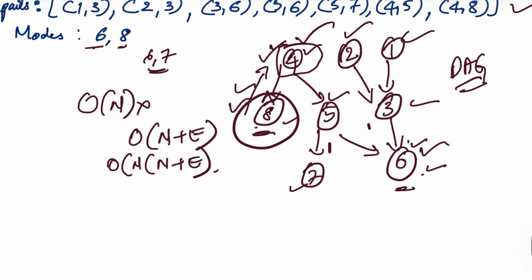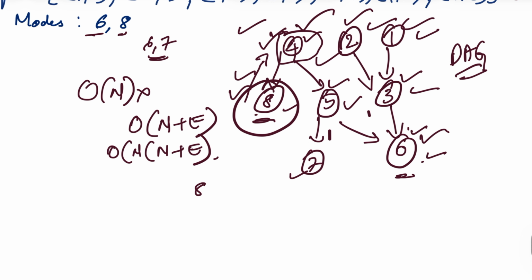Like for 6, we have 3, 1, 2, 5 and 4 as ancestors. So these are all the ancestors of 6. And for 8, we have one ancestor, that is 4. When we traverse upwards and find all the ancestors for both the nodes, and if there is an intersection between those two sets of ancestors, then we can say that a common ancestor exists.